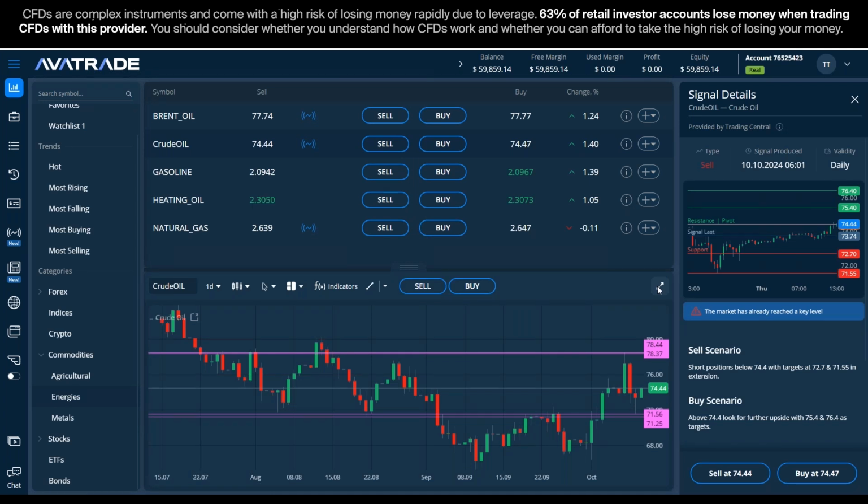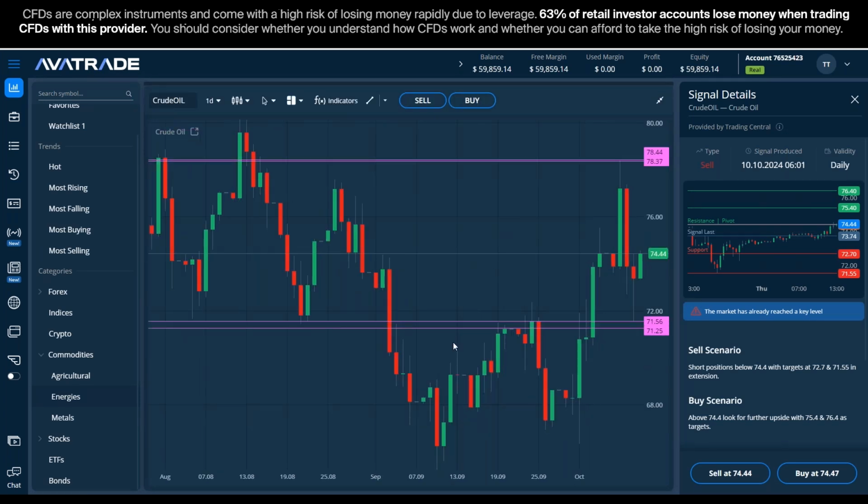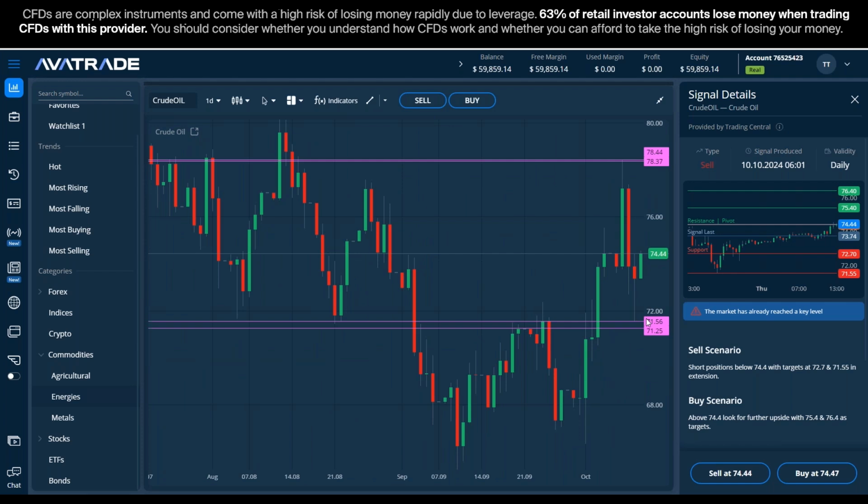The crude oil chart is showing, like yesterday, this support level on the one-day candles. These are one-day candles. This was yesterday. We were bouncing off this support level down here, which in the past it was support at this price once. It hit again and bounced off that price twice. Once it broke below that price, that became resistance.